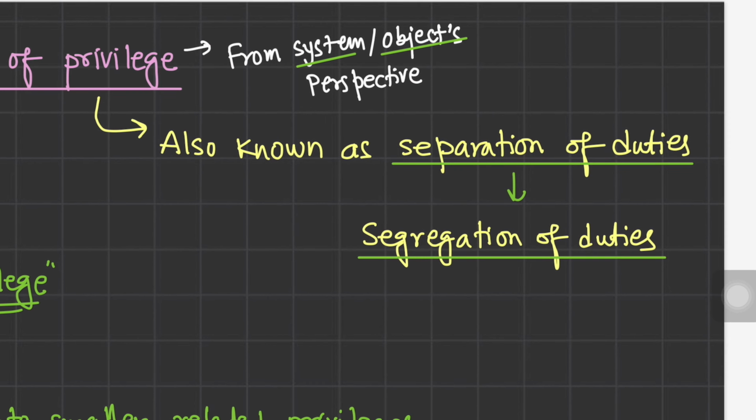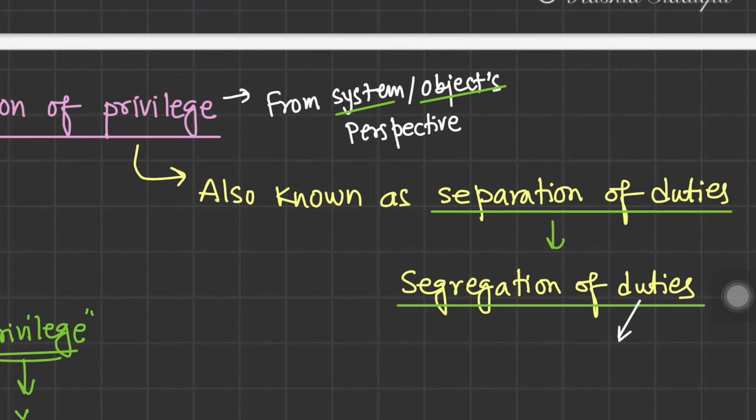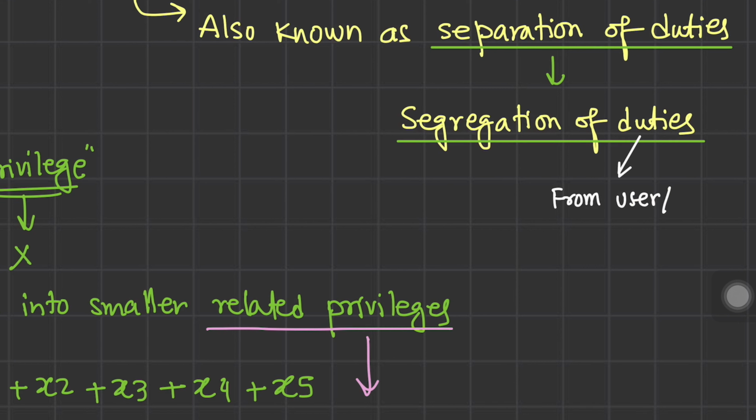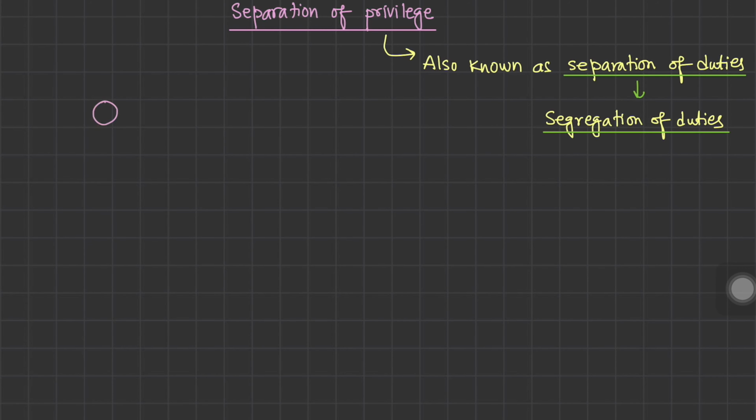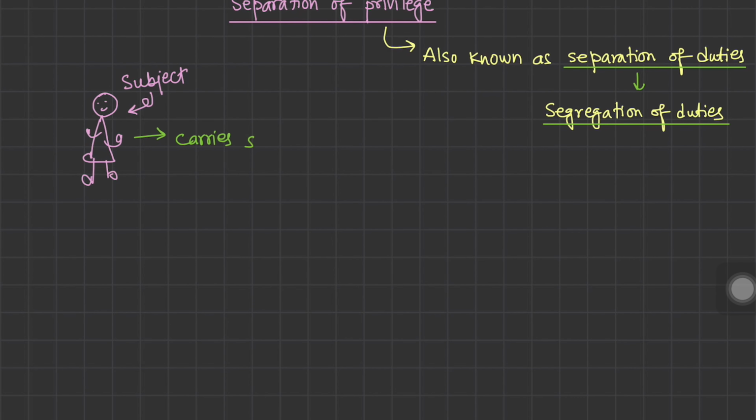Now when we say duty, duty is from the perspective of the source, from the perspective of a user or a subject. In the real world, a user will be assigned some role. If you recall Domain 2, there we discussed how the hiring process works, what a job description and a job role are. A person is hired for a role, and based on the role, some duties are assigned to that person.